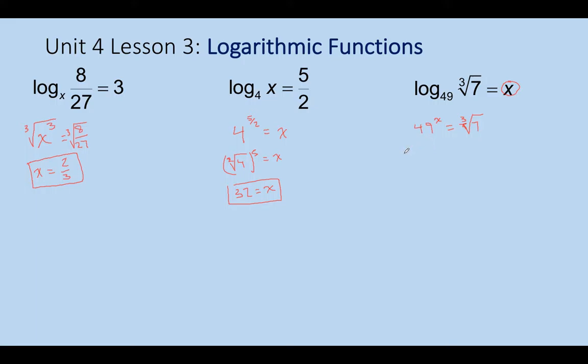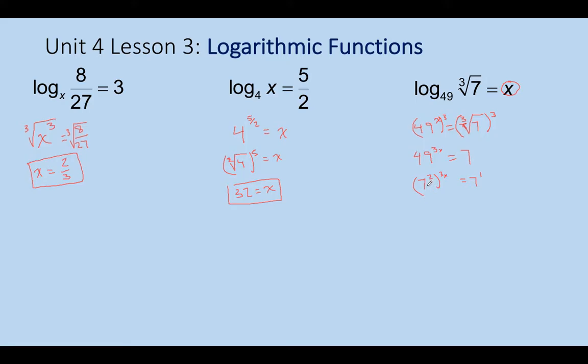I can convert this. Well, let's see. If I go ahead and just cube both sides, that gets rid of the ugly cubed root. So cube this as well. And I wind up with 49 to the 3x. And then over here, I just have 7. I can do a common base. I could say this was 7 squared to the 3x equals 7, or 7 to the 1.